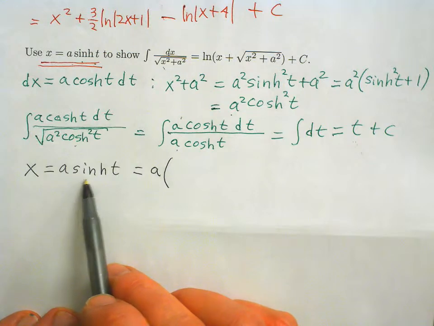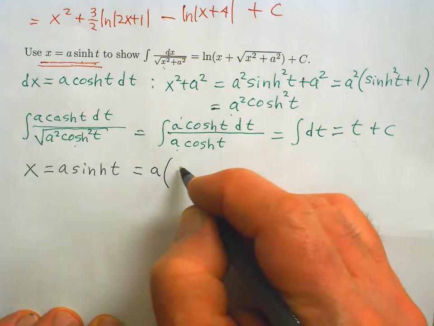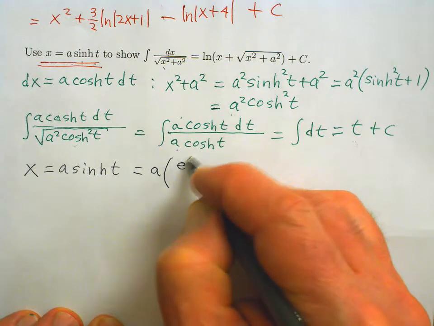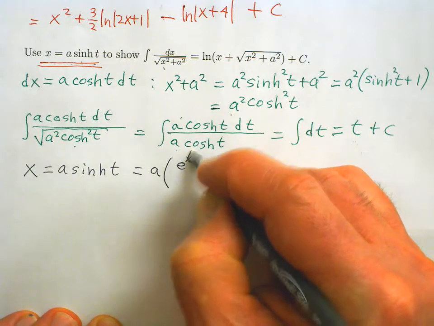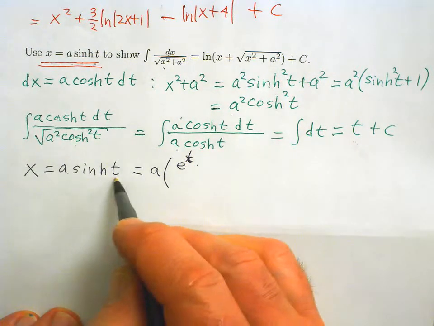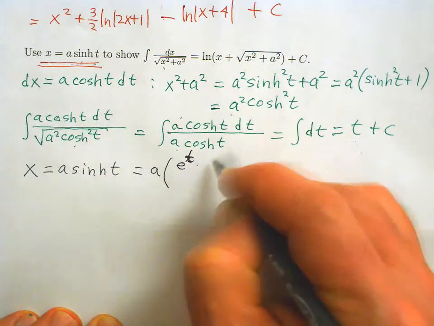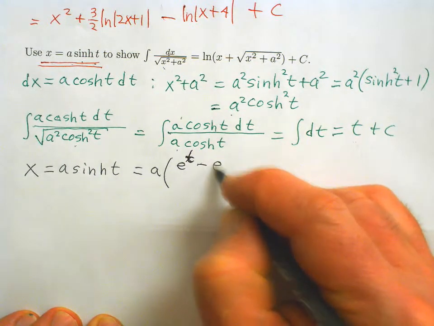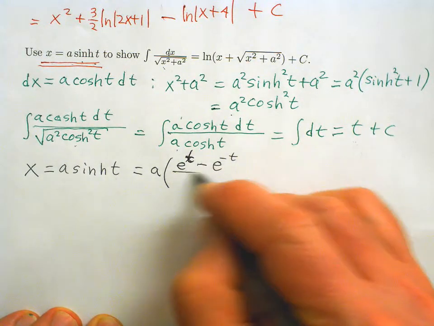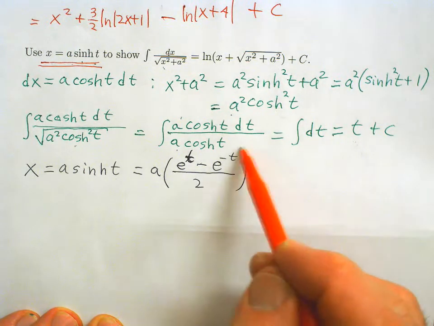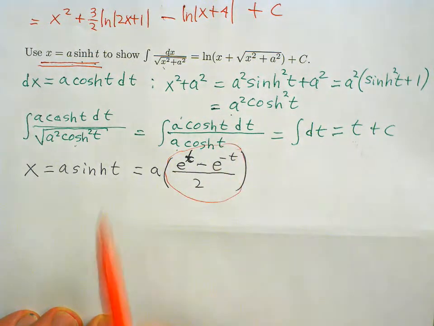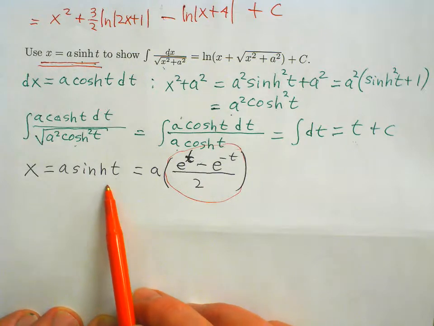So hyperbolic sine of t turns out to be e to the t, because it's hyperbolic sine of t, e to the t minus e to the negative t divided by 2. This is just the definition of hyperbolic sine of t.